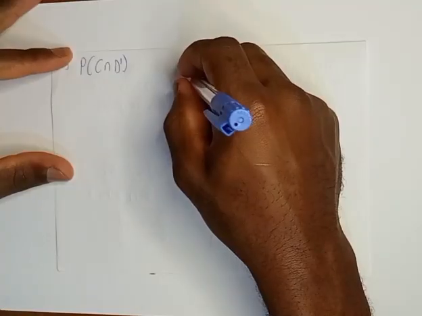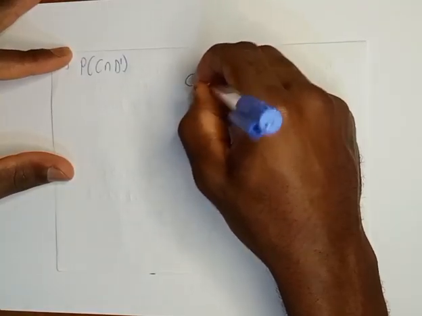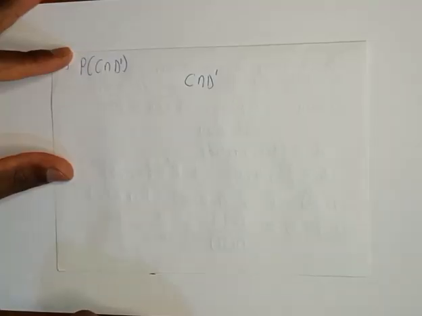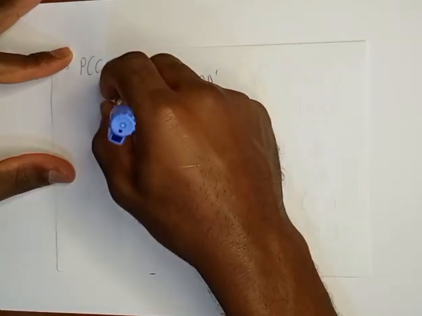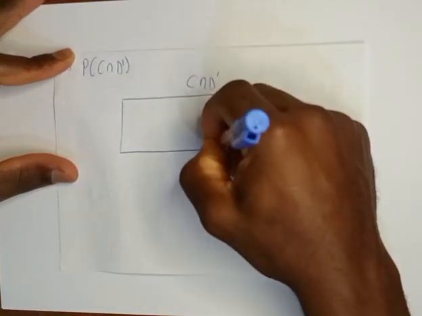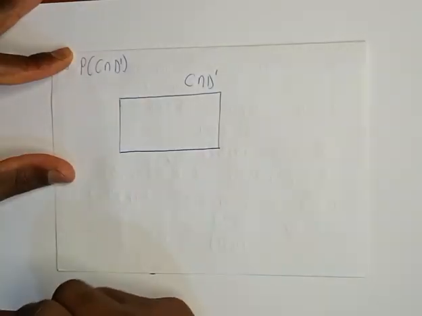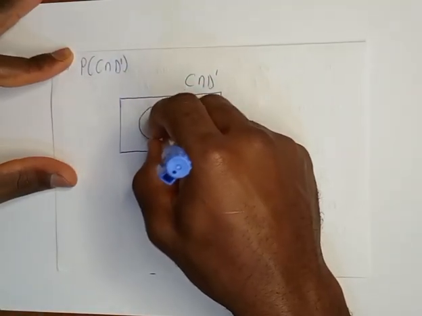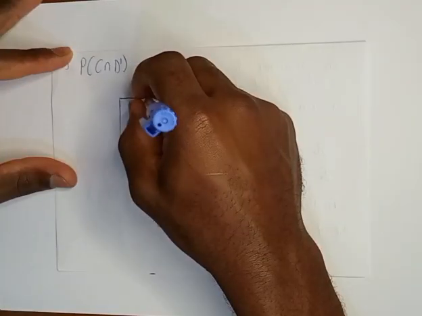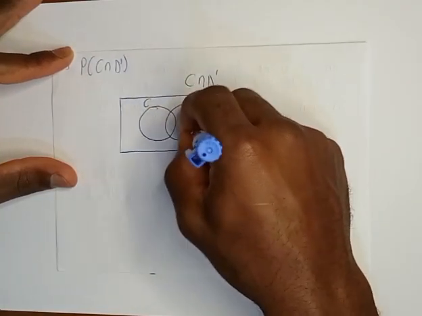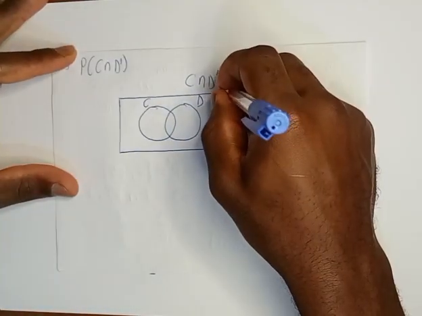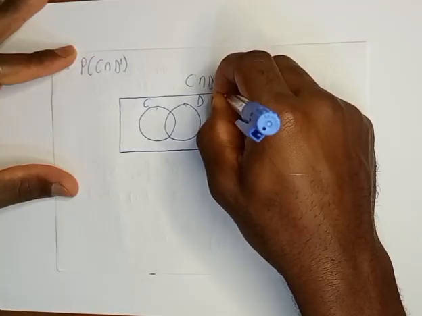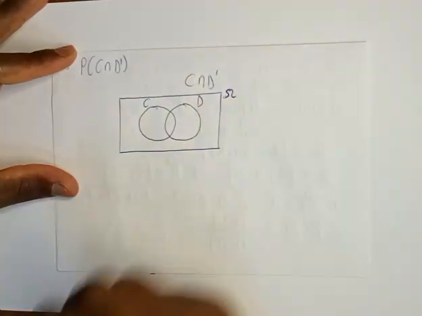Let's represent C intersection D prime on a Venn diagram. This is a Venn diagram. This is C, while this is D. This is the universal set, which is a sample space.